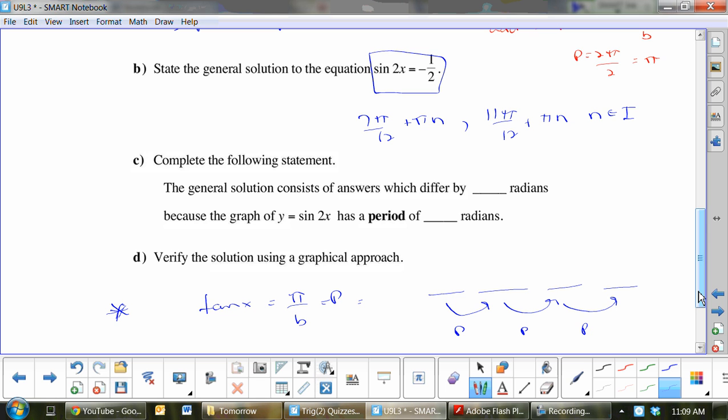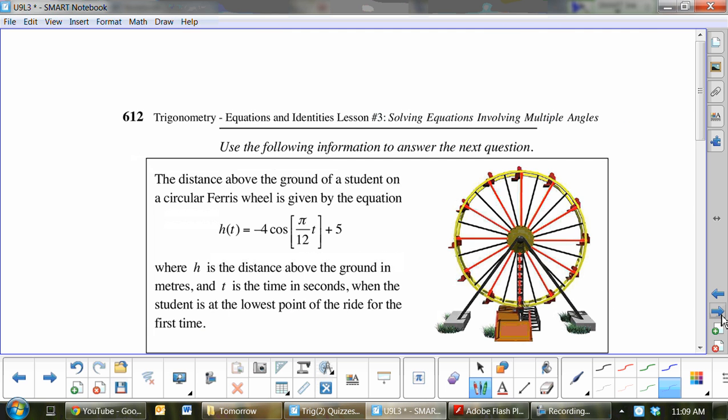Okay, now let's do one word problem so you can see how these kind of work. And you'll be very impressed to see that my Ferris wheel is full color.